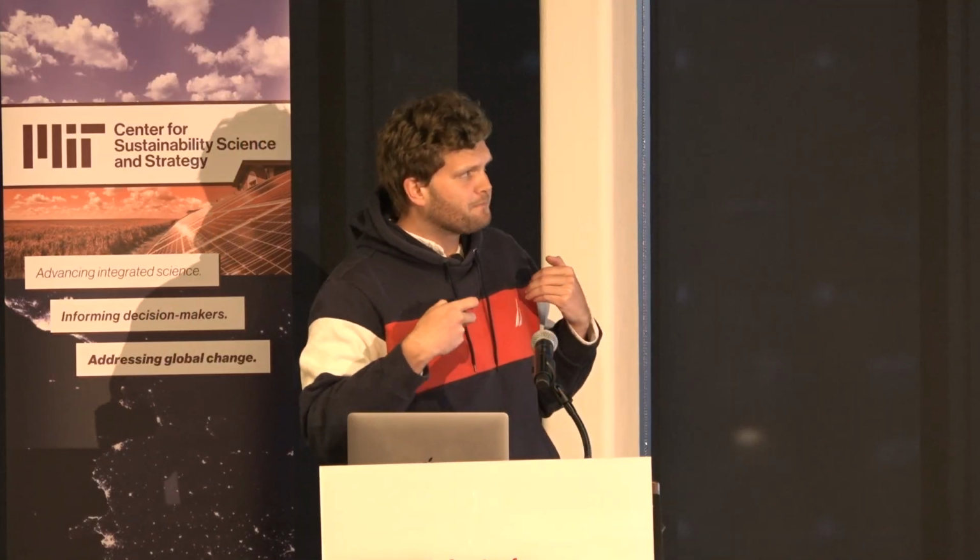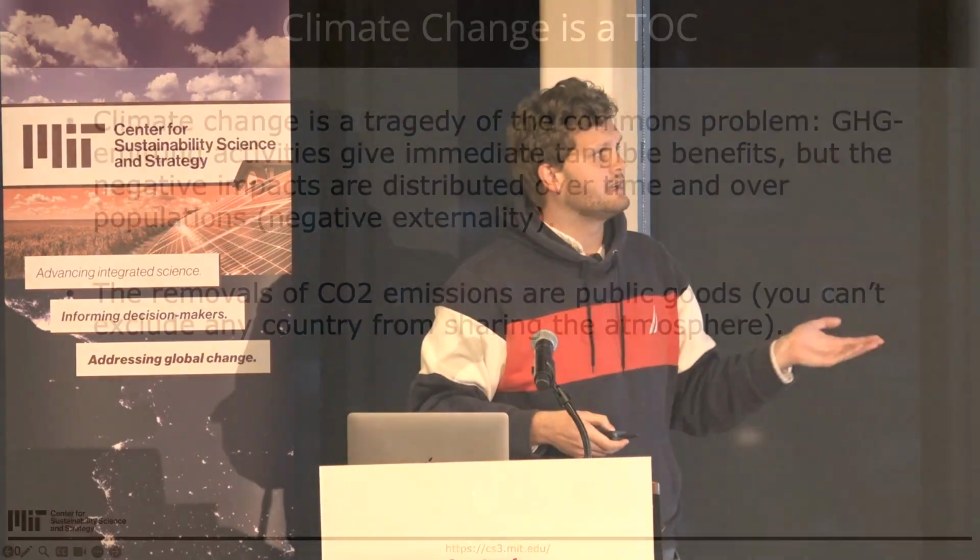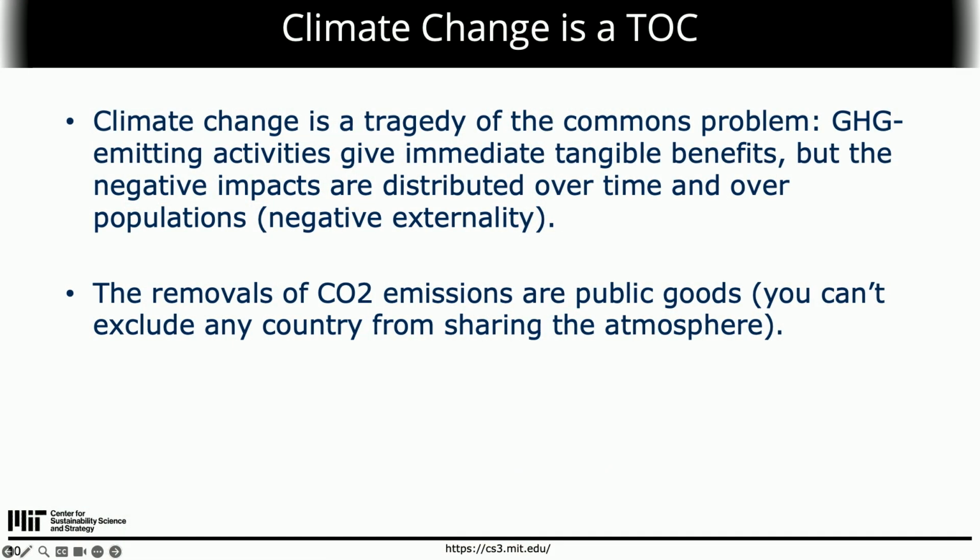Okay, and it's important to note, very similarly, that climate change is a tragedy of the commons problem. Greenhouse gas emitting activities give immediate tangible benefits. So all of these individuals are making as much profit as possible. They're acting as individuals, and they have this externality of greenhouse gas emissions. But the negative impacts from that, in the form of pollution, are distributed over time and over populations.